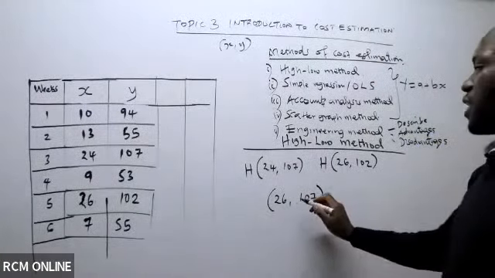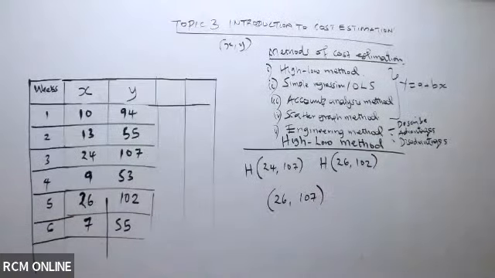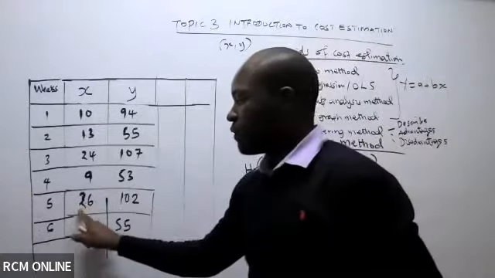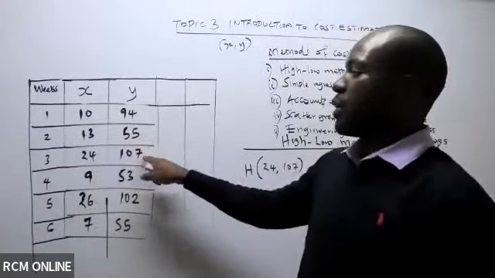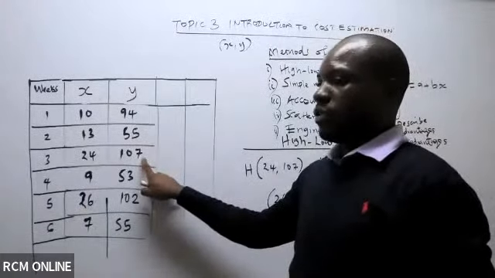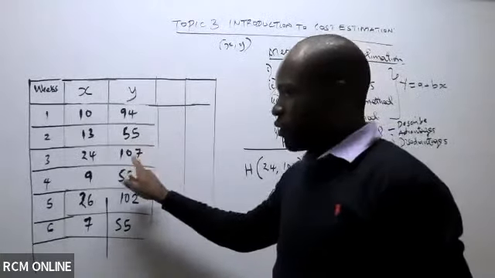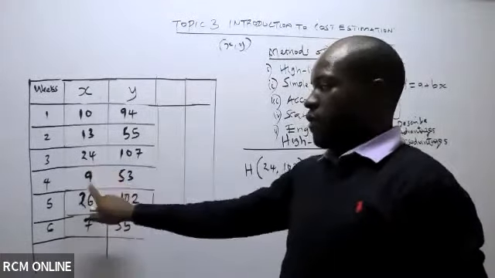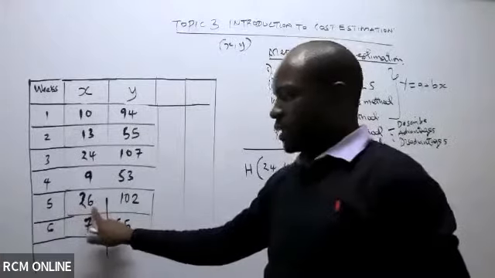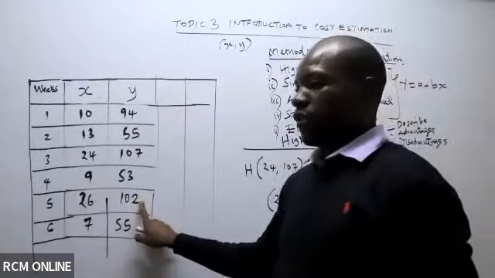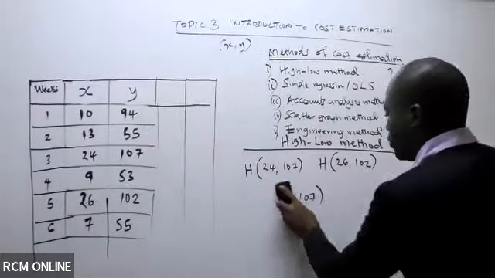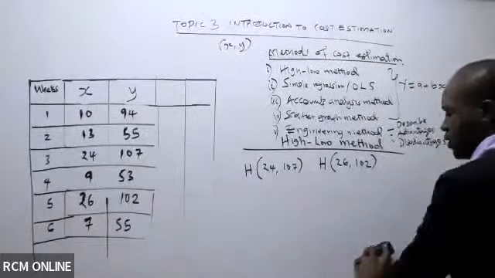Because we agreed we cannot take what happened in week 5 and compare it with what happened in week 3. It does not make sense at all. So if I take what happened in week 3 as the highest, you must pick the corresponding figure. If I take what happened in week 5 as the highest, I must pick the corresponding figure. So this person should not even be given a chance. We forget about it. It should not be part of what we are discussing.